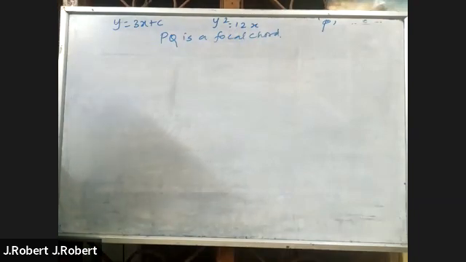So, the meaning of the question, understood? If the line y equals 3x plus c touches the parabola y squared equals 12x at point P, then find the equation of the tangent at point Q, where PQ is a focal chord.